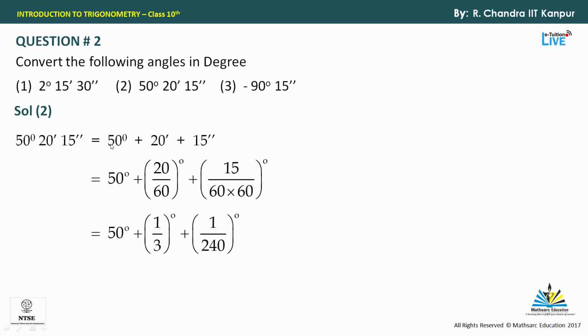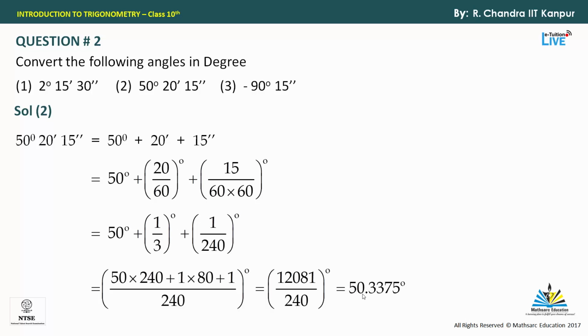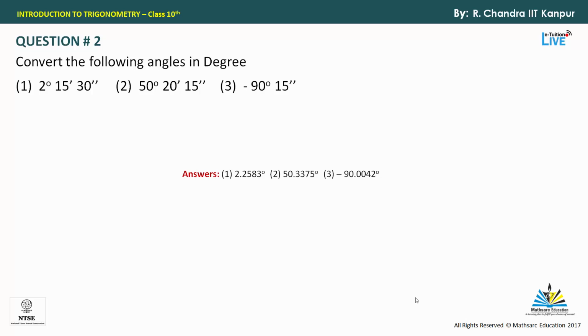On simplifying, you can see this is 1 by 3 and this is 1 by 240. On simplifying, we get this angle as 50.3375 degrees. These are the answers for the other two as well. You can see 50.3375 degrees for the second one. Solve these two on your own.